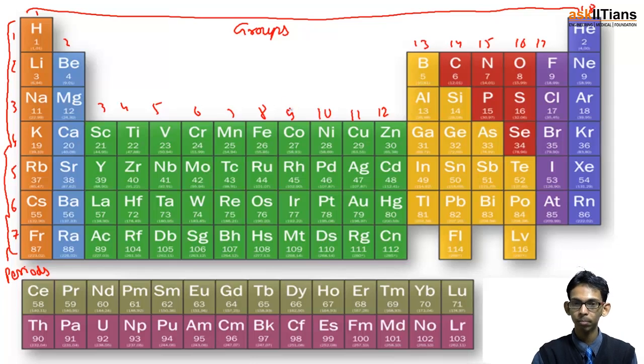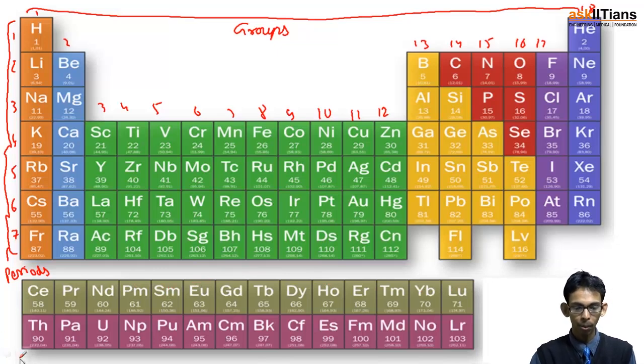These are the 18 groups, and these two rows which are present at the bottom are the extended form of the periodic table, and we will discuss them later.